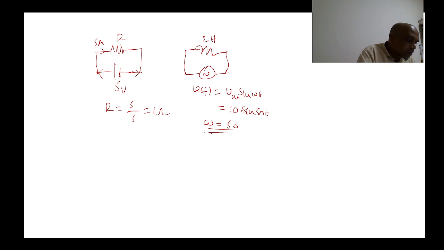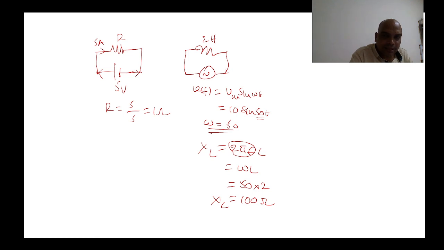From this you can find out inductive reactance. XL equals 2 pi FL. 2 pi F is nothing but omega. So omega L, where omega is given as 50, into inductor 2 Henry. So 100 ohm. That is the inductive reactance.